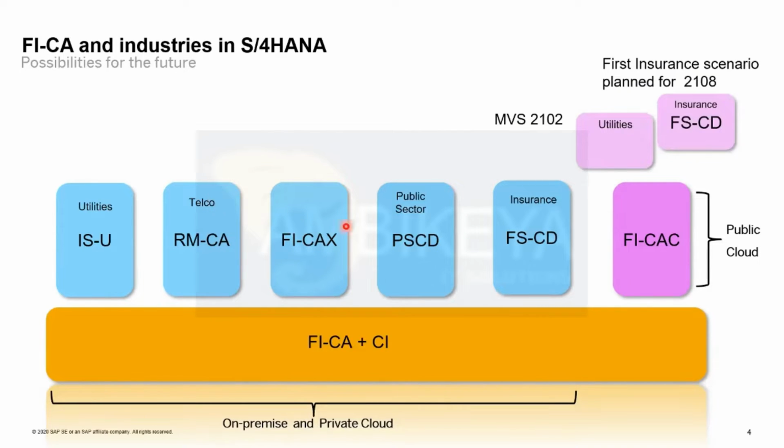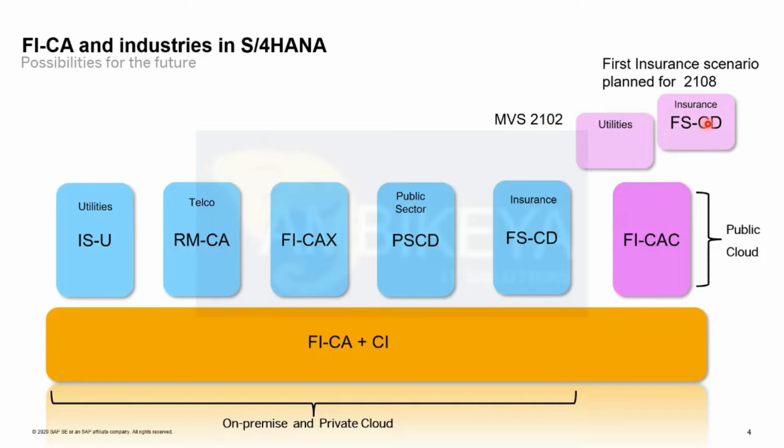Okay, then for completeness as well, we currently develop in that area. For utilities, there is in the public cloud a minimal viable scope with FICA content available with 2102. This is the release name.